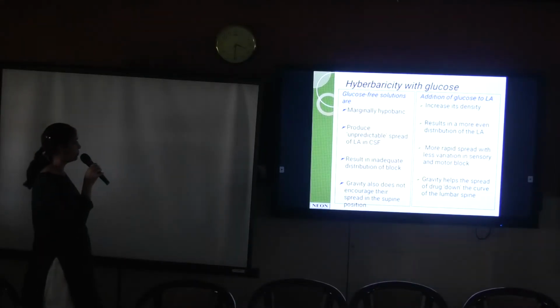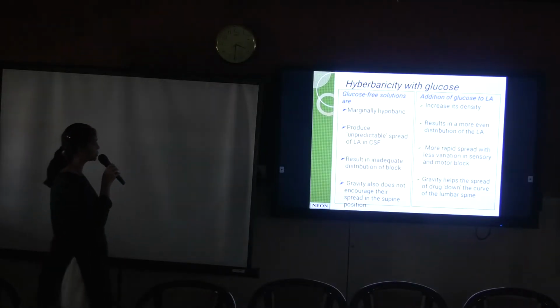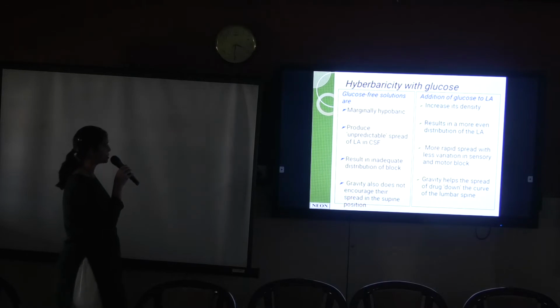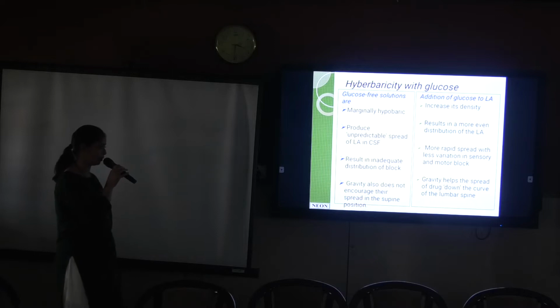Hyperbaric LAs also have a more rapid onset with less variation and a more predictable sensory and motor block, whereas glucose-free solutions, that is hypobaric solutions, result in inadequate distribution of block.